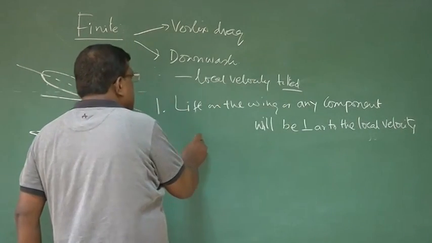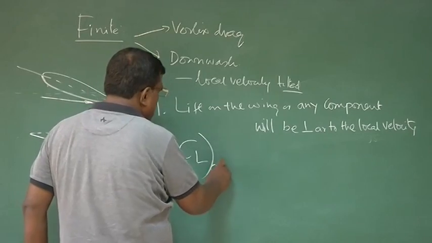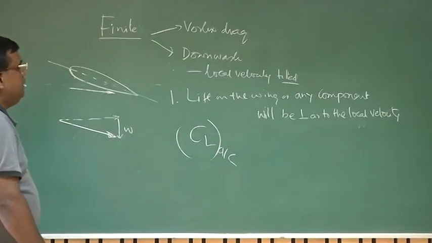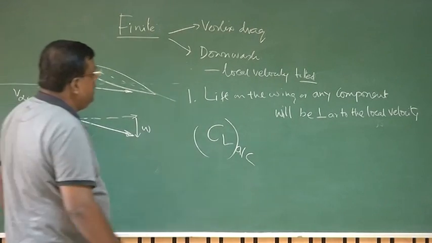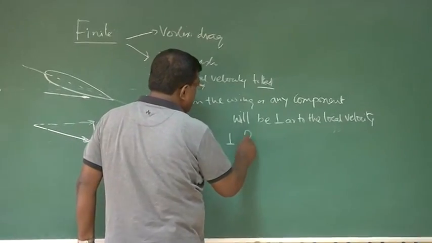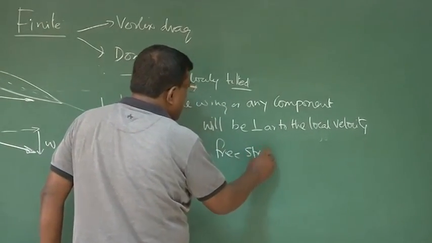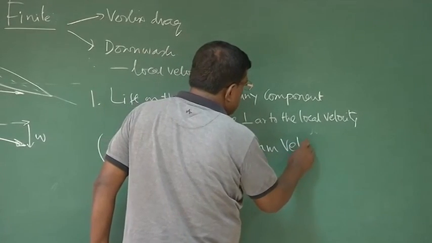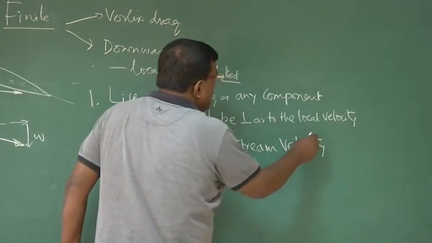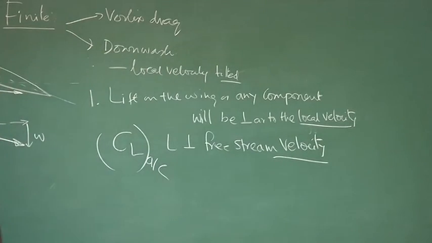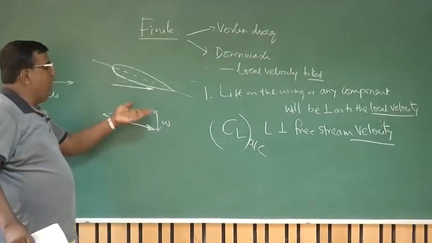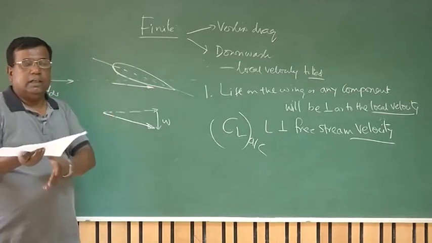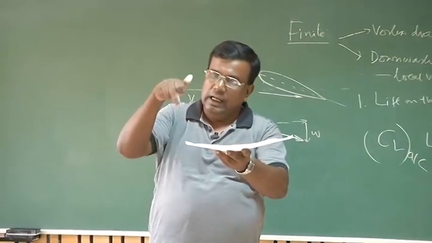However, for the CL of the whole aircraft, when I try to model the lift, I should ensure that the lift is perpendicular to the free stream velocity. And by now you know the local velocity and free stream velocity are not in the same direction because of downwash near the wing or near any other component. In this case, we are discussing downwash because of the wingtip vortices. That is, as these vortices go like this, they induce a downwash, right?